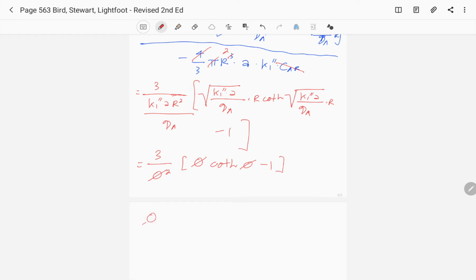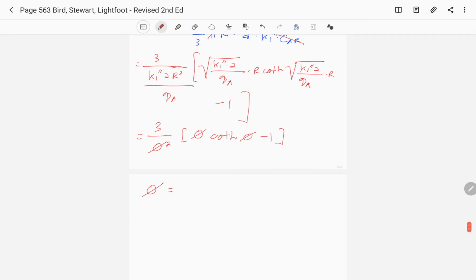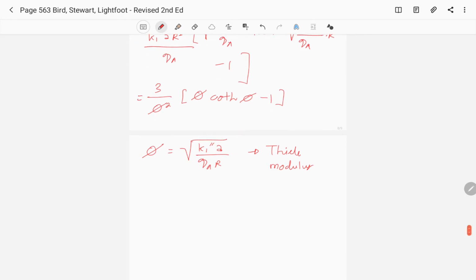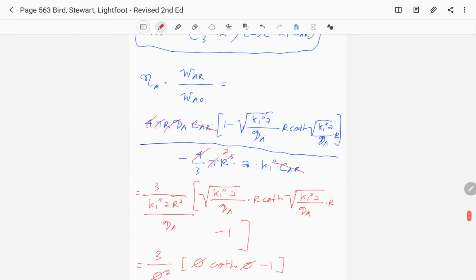Where this variable in here is what we call the Thiele modulus. And this quantity in here is what we call the effectiveness factor.